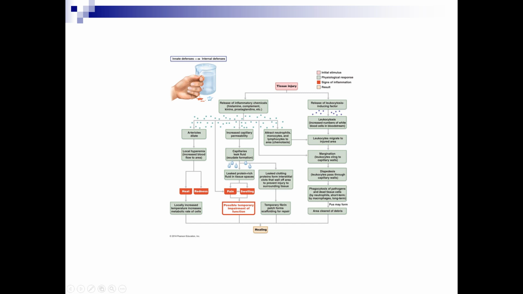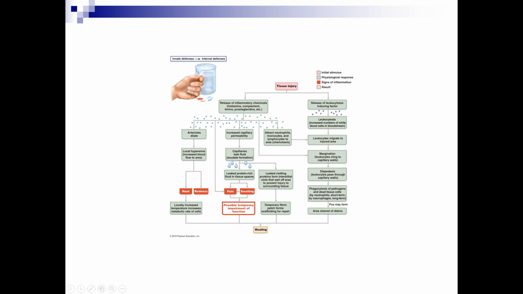promote healing. Now, another benefit of this fluid that comes out of the postcapillary venules is that there will be clotting proteins. The same clotting proteins that we saw in coagulation are the same ones that will be out here in the tissues.